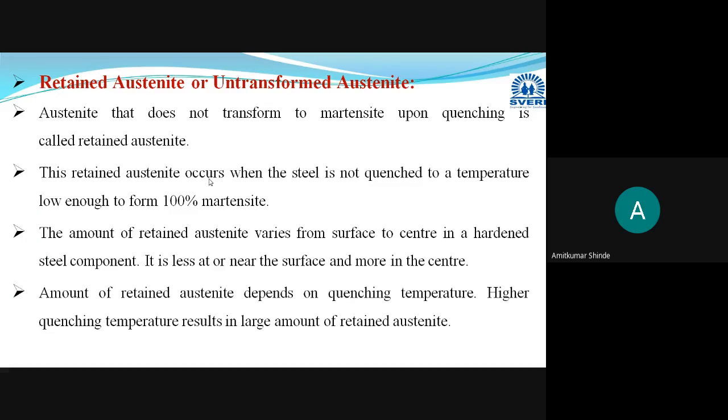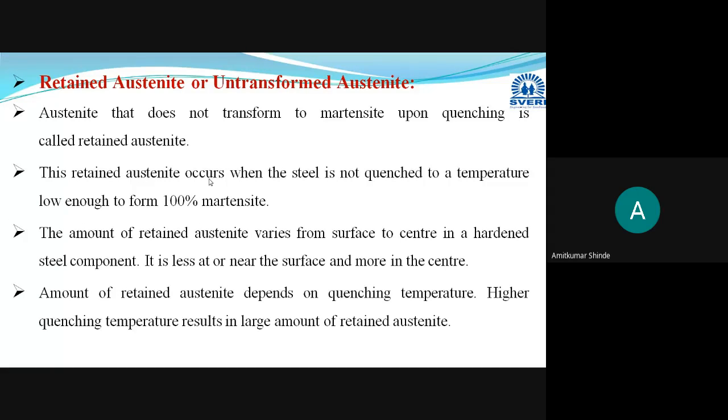Then the amount of retained austenite depends on the quenching temperature. As the quenching temperature is more, the difference between the temperatures will be on the higher side. Due to this, thermal stresses will get created, and due to the large amount of thermal stresses, retained austenite will also be in large quantity.